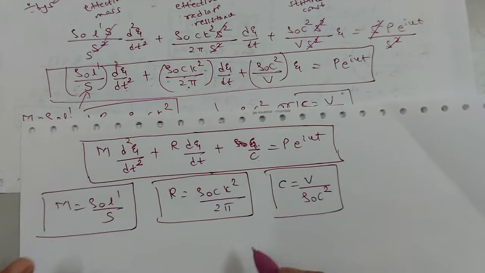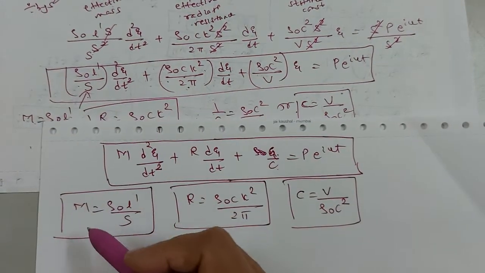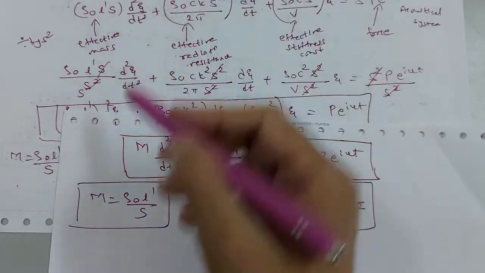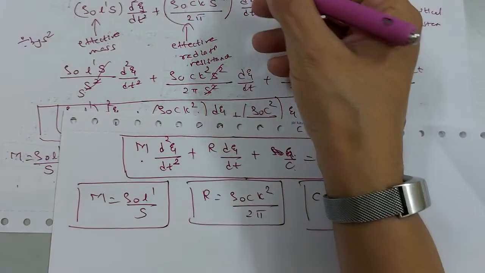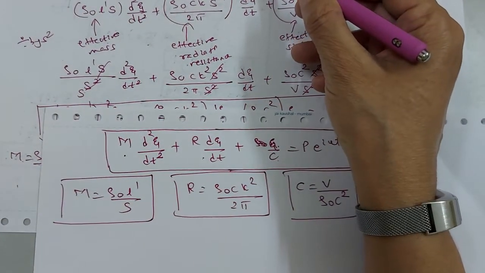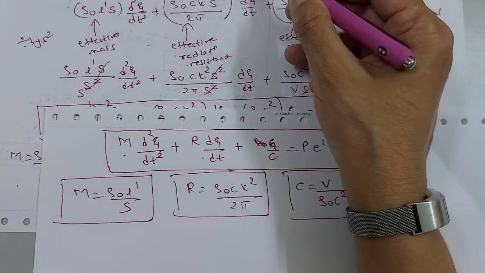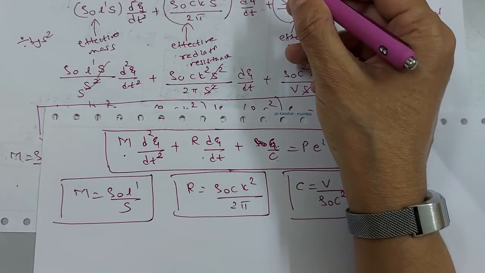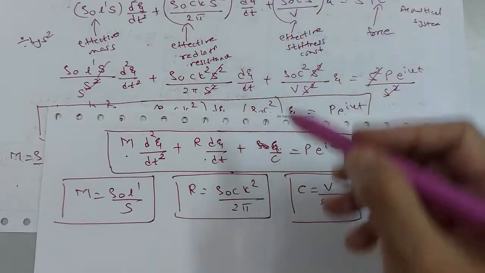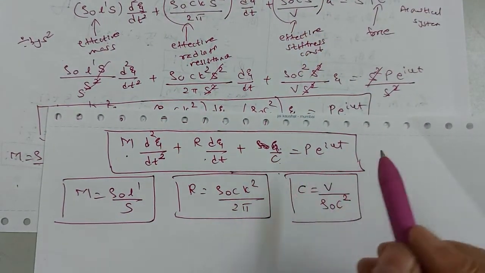Now we need to define how these three things are analogous, like M is analogous to L, analogous to capital M, and R, but the meaning is different. Here we have K, the restoring force constant, then this is 1 upon C, and here it is also 1 upon C, but the meaning again is different.